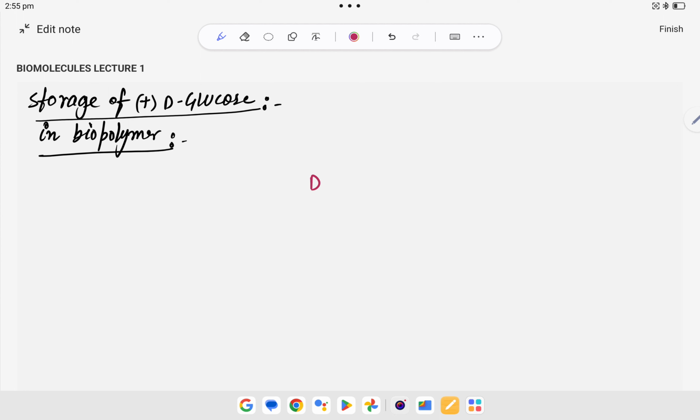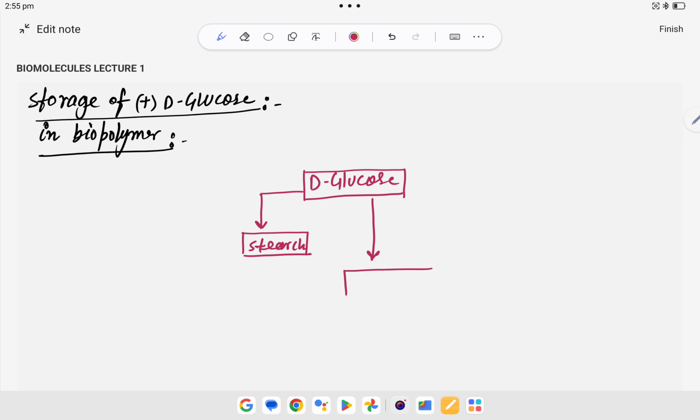D glucose is stored in starch, glycogen and cellulose.